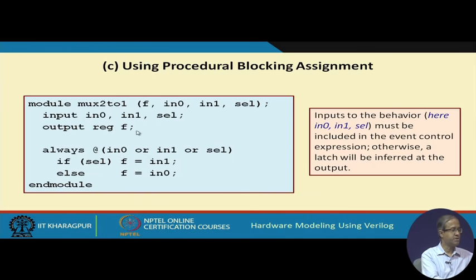So, if the inputs are not specified, you may have to use a latch to store the output f. So, a latch will often be inferred by the synthesis tool if you give an incomplete input list specification. So, make sure that you give a complete input list specification in this always block.